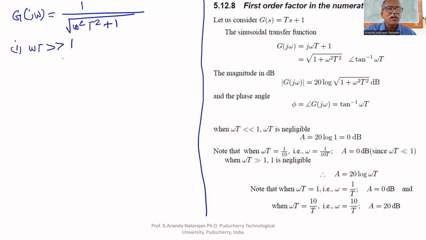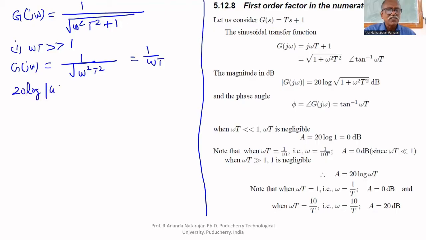That's why we can ignore 1. Therefore, G of j omega becomes 1 by square root of omega square tau square, that is equal to 1 by omega tau. Therefore, 20 log modulus of G of j omega equal to 20 log 1 by omega tau, that is equal to minus 20 log omega tau.